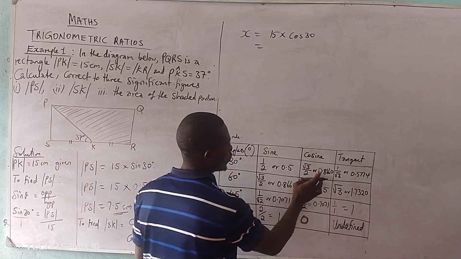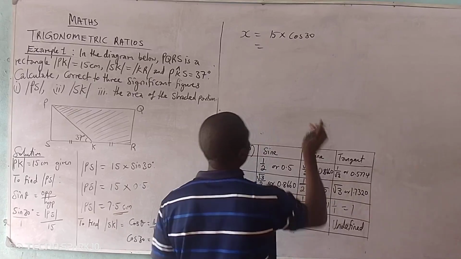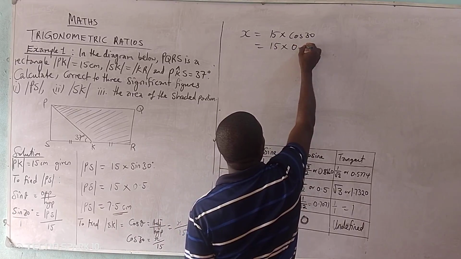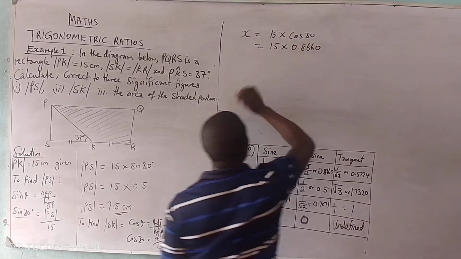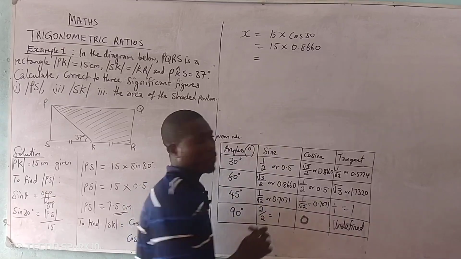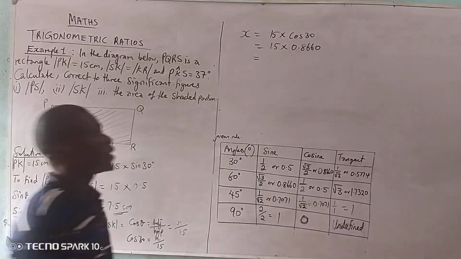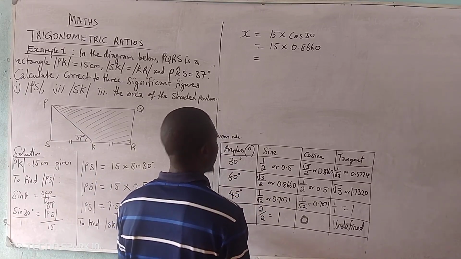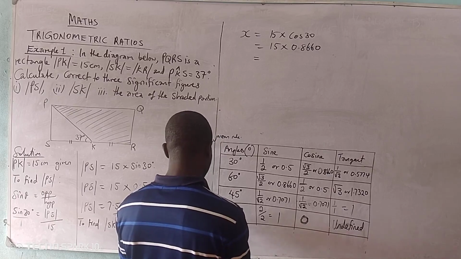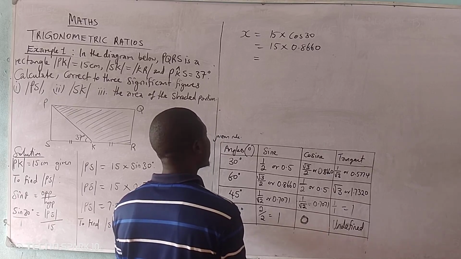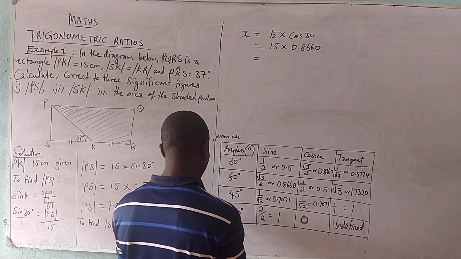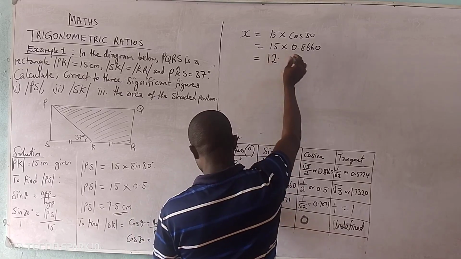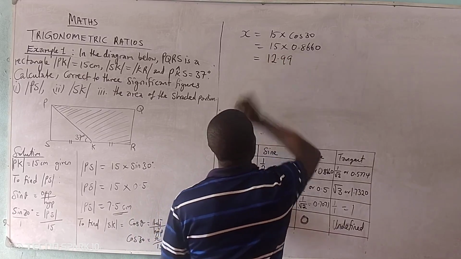Cos 30 is 0.8660. So we have 15 times 0.8660, which will give us 12.99.